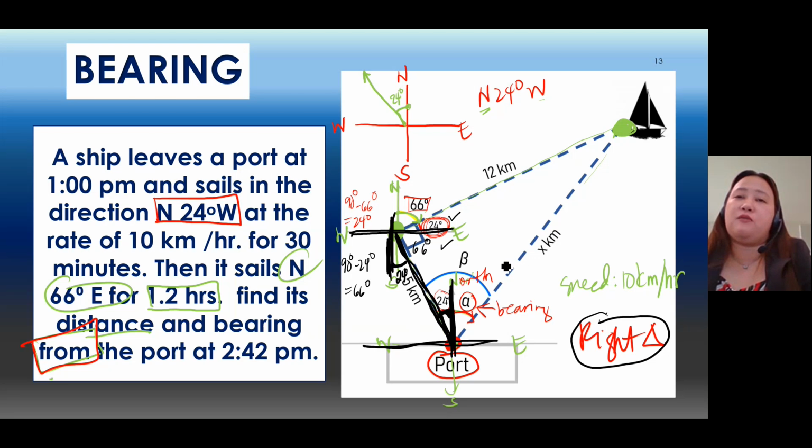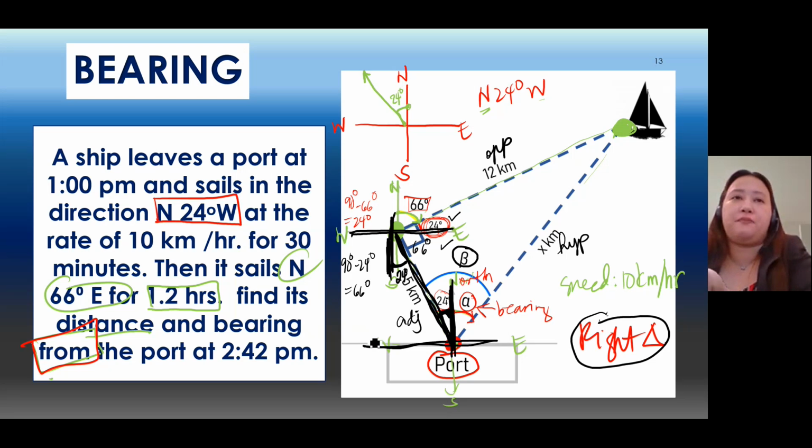Possibly, if you would like to use the opposite, adjacent, and the hypotenuse: since we have here an angle beta, this can be the angle which you can use in determining the opposite. The opposite here is the 12 kilometers. The adjacent, which is beside the beta, is the 5 kilometers. So this is the adjacent. And then the unknown is the hypotenuse. So you apply the Pythagorean theorem.